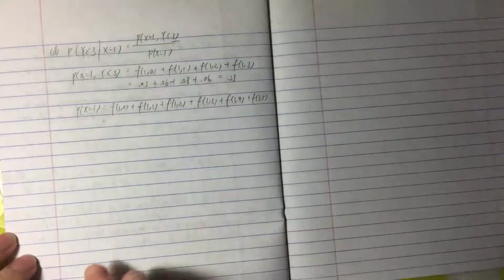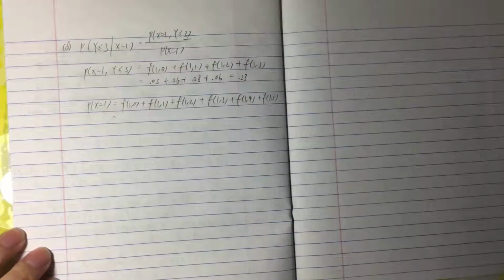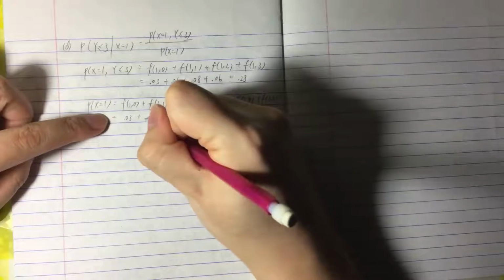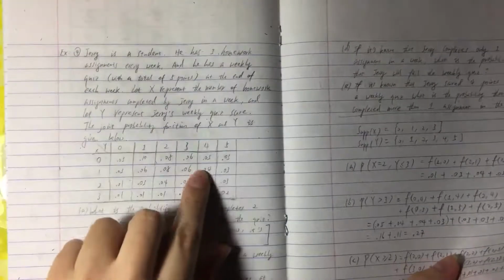Then find the probabilities from the table and add up. F of 1, 0 is 0.3. f of 1 comma 1 is 0.06, f of 1 comma 2 is 0.08, f of 1 comma 3 is 0.06, f of 1 comma 4 is 0.04.